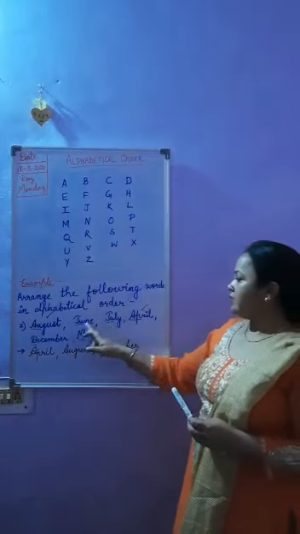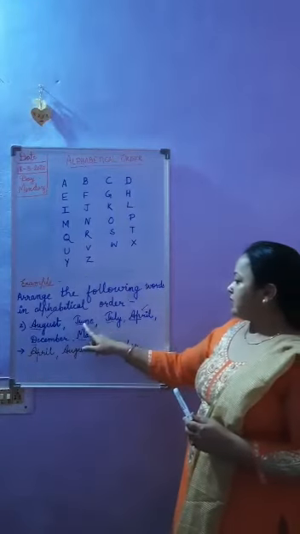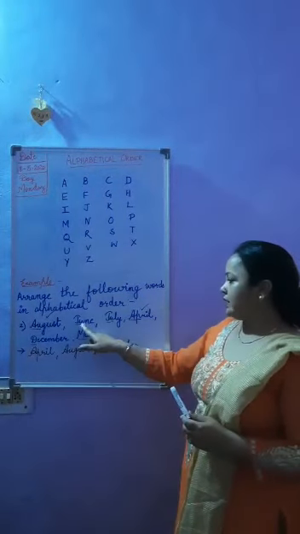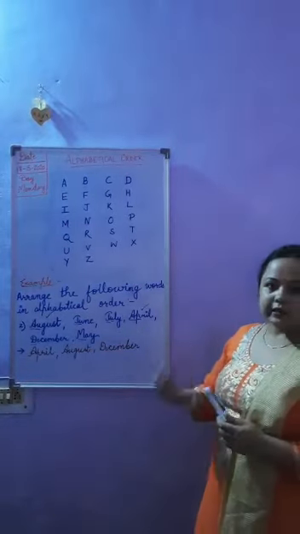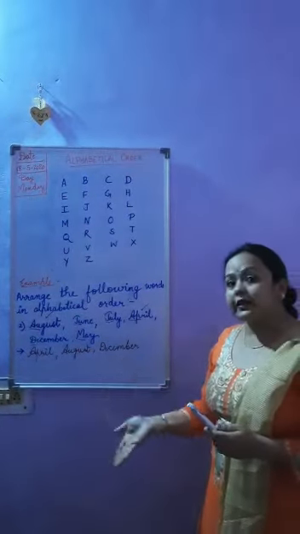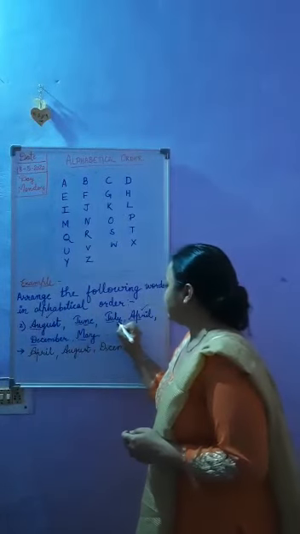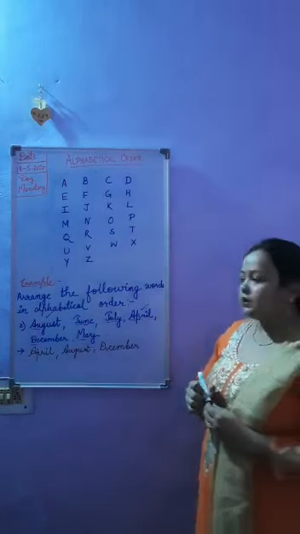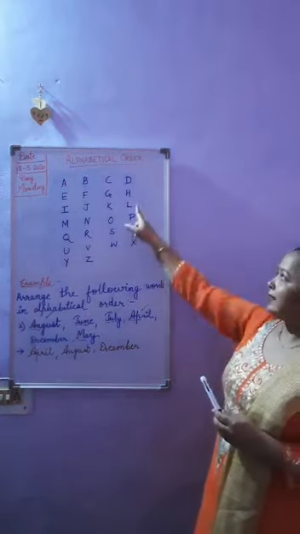Now here again the same problem. J is common, right? Then again what I have told you, you will underline the second letter of the word. Again U is the same. Then what will you do? You will see the next letter of the word. Here it is N and here it is L. So does N come first or does L come first? See, L comes first.